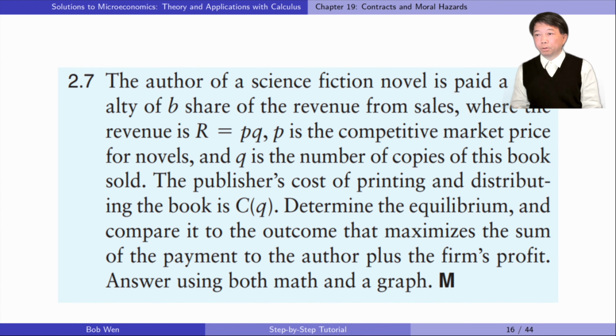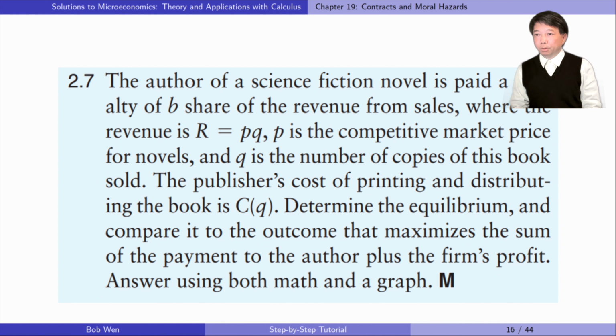Let's find answers to exercise 2.7. The author of a science fiction novel is paid a royalty of B's share of the revenue from sales, where the revenue is R equals P times Q. P is the competitive market price for novels, and Q is the number of copies of this book sold.